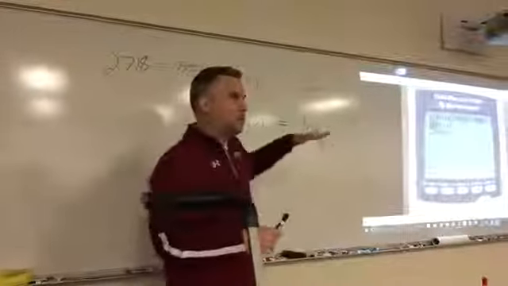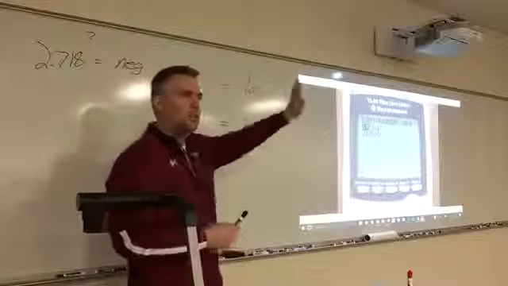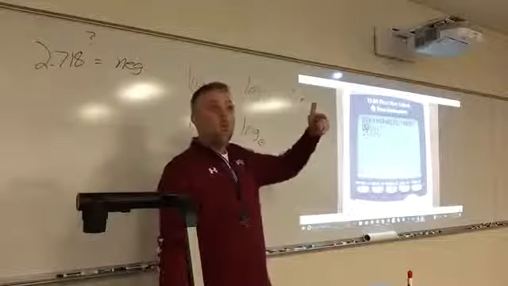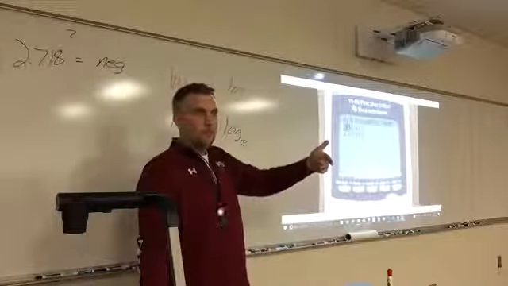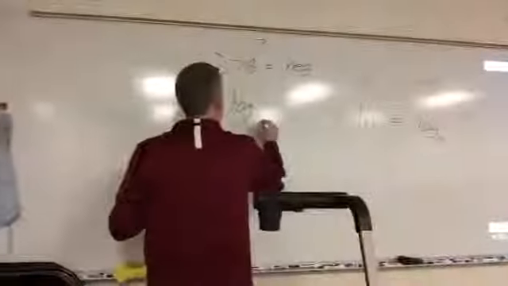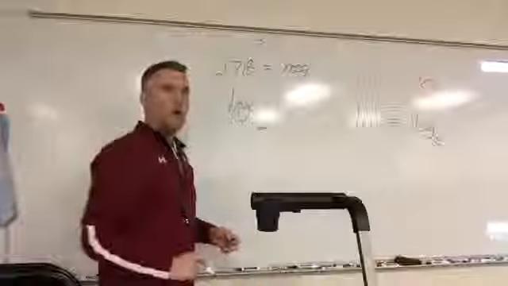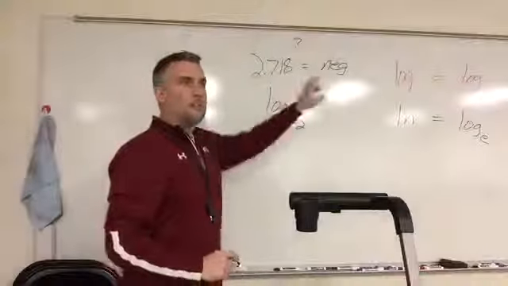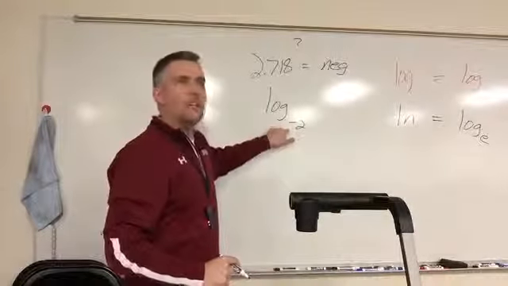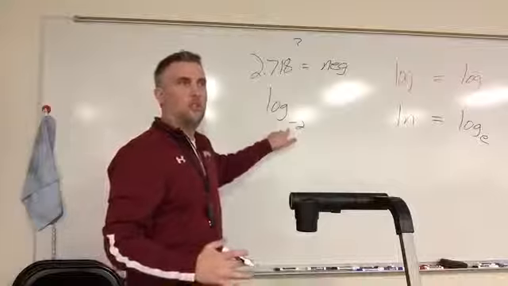Remember when we talked about our rules on b with the exponents the other day? We said it had to be a positive number and it can't equal 1, right? So you would never take a logarithm with base -2 and then raise it to some power and try to get a number, because what's going to happen? You can't use -2 as the base in an exponential equation, right?